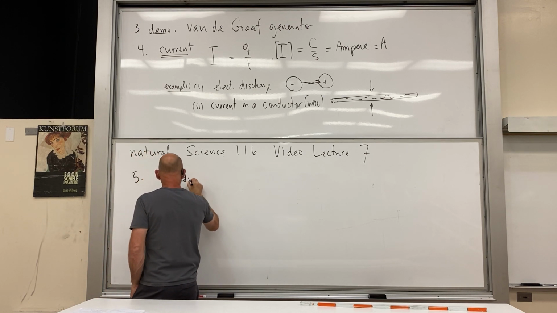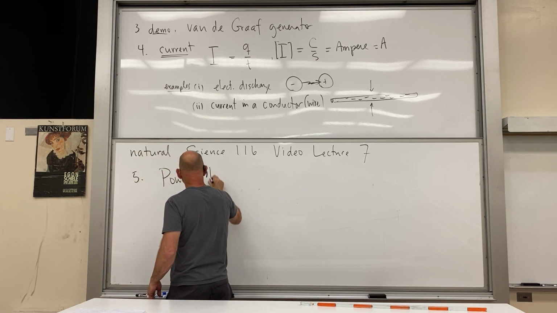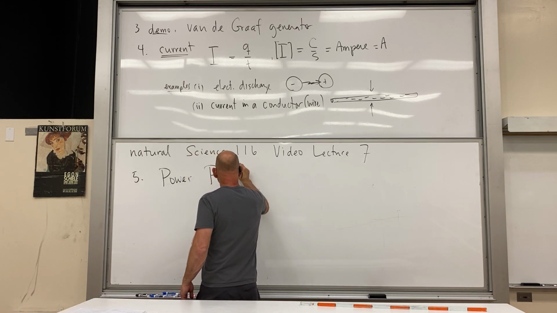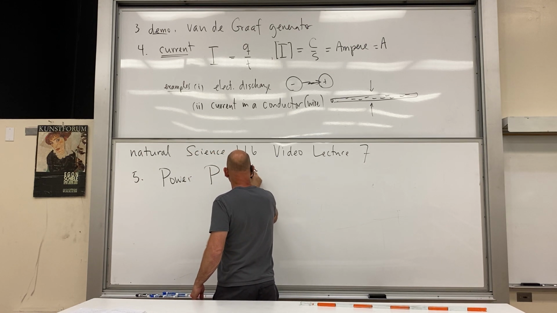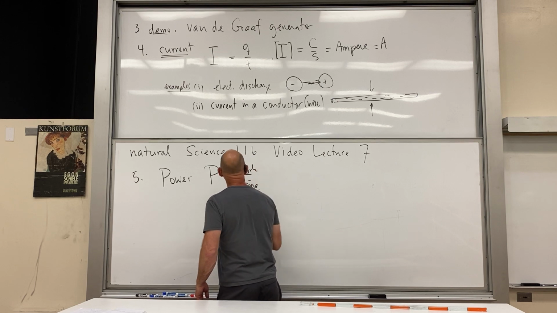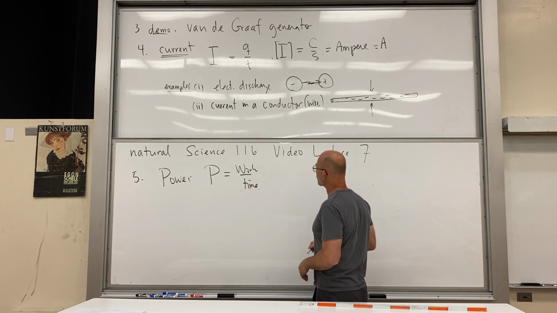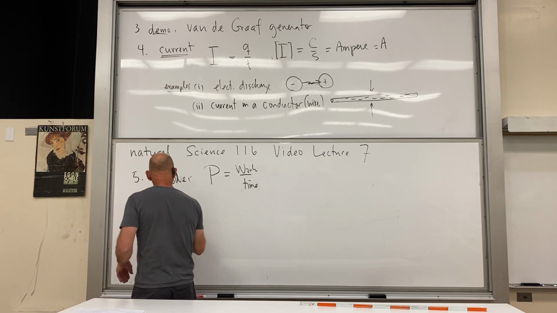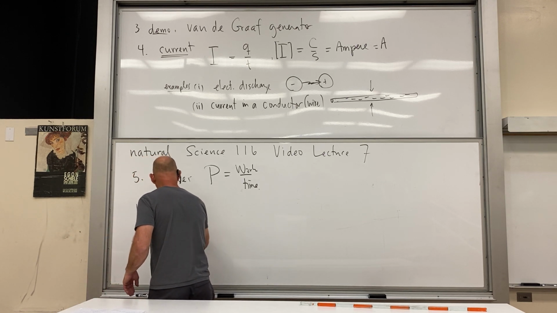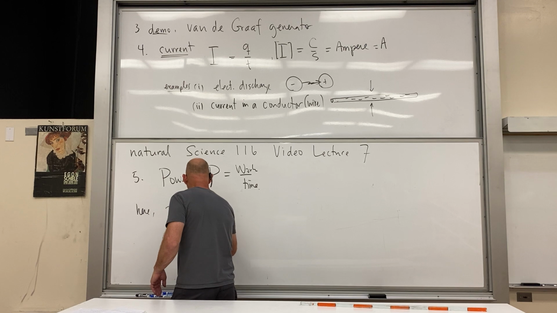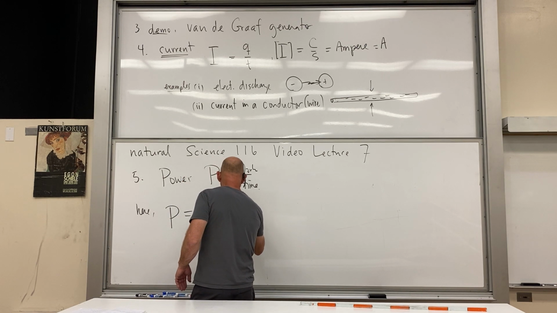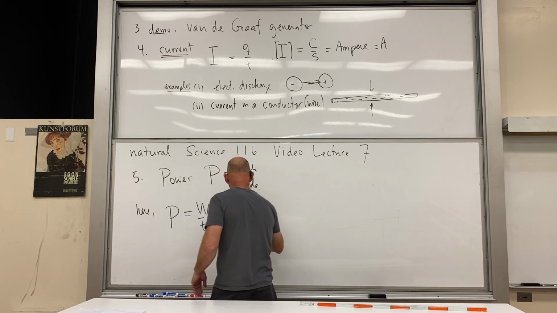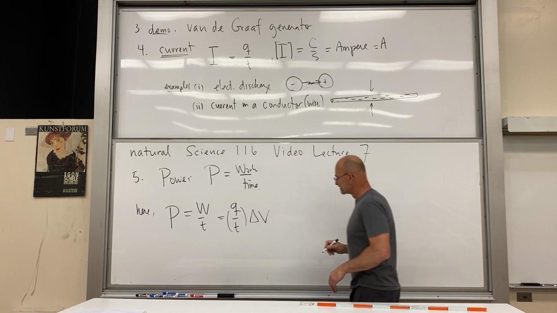I had this up on the board last time. Power is work per unit time. Good, but we have an expression for work here. Here in the electrical world, we have power, work over time is Q over T delta V.